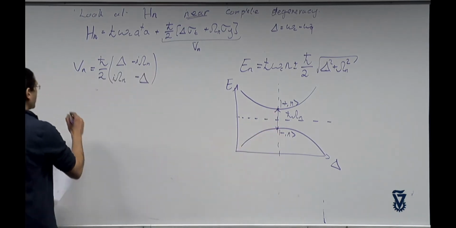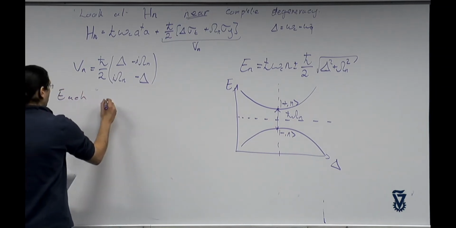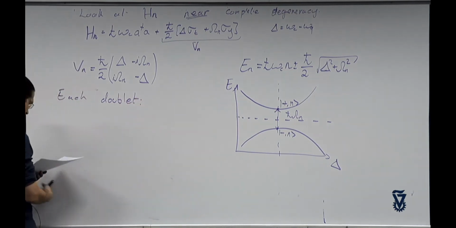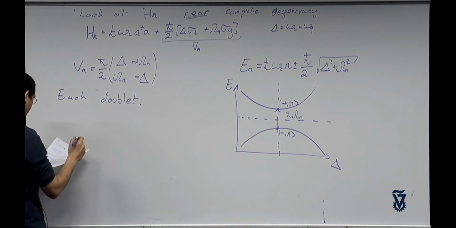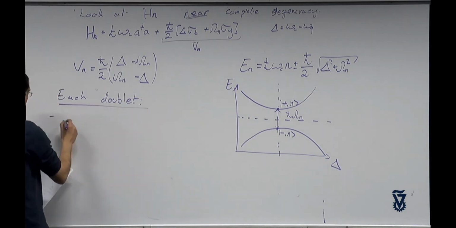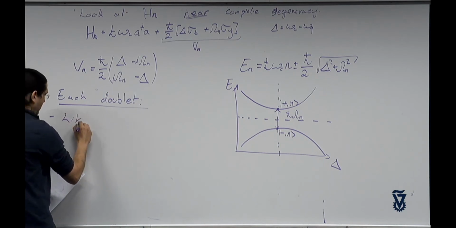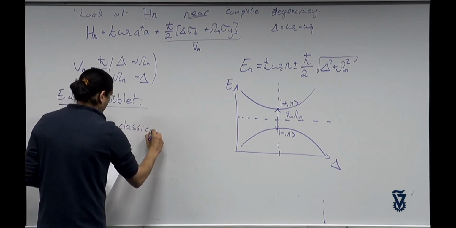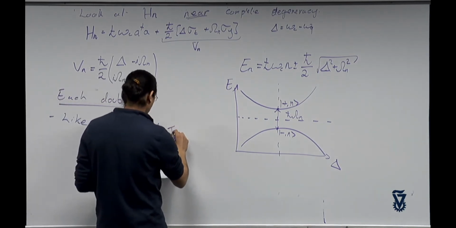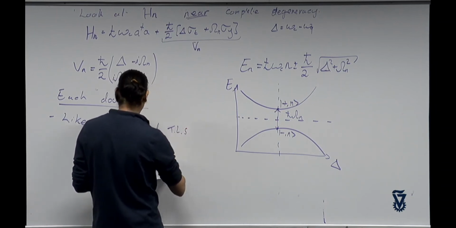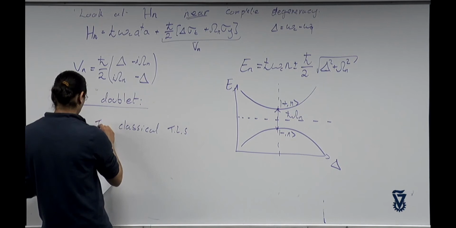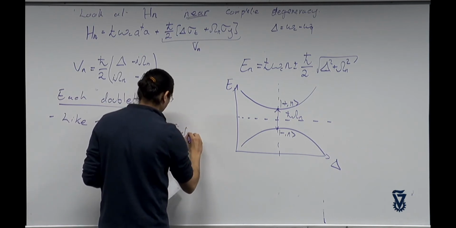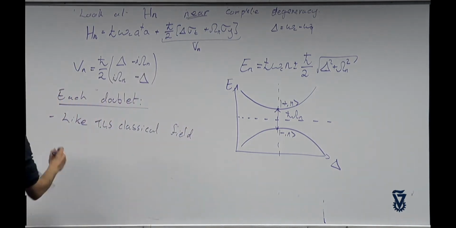Okay, so let me write this down. So each doublet is a little bit like a two-level system in a classical field, right? So it's a little bit like that.